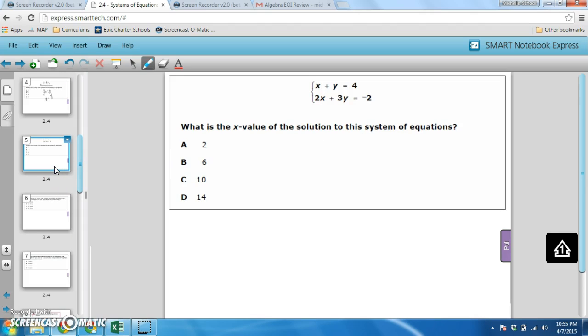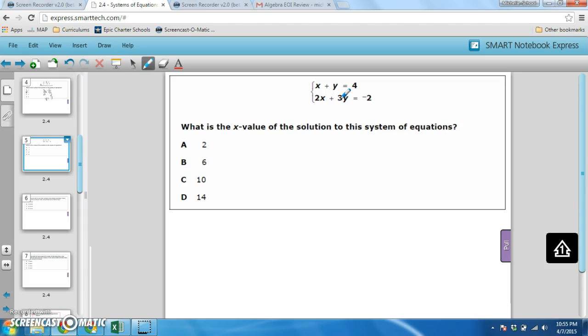What is the x value to the solution? They're asking for x, so we want to get rid of y. So I have a 3y and a 1y. And so to get rid of them, we need them to be opposite of each other. And so we need to manipulate one of the equations, that way when we add them together, then we get rid of them.